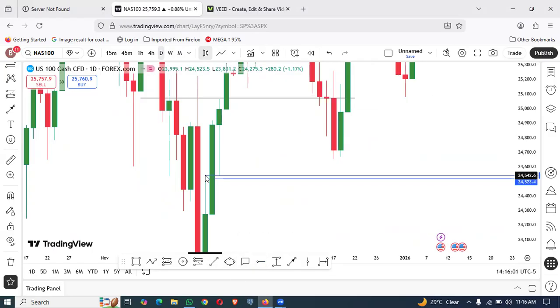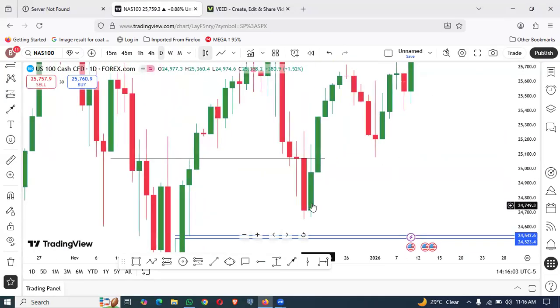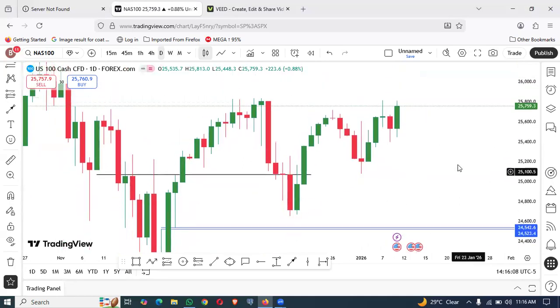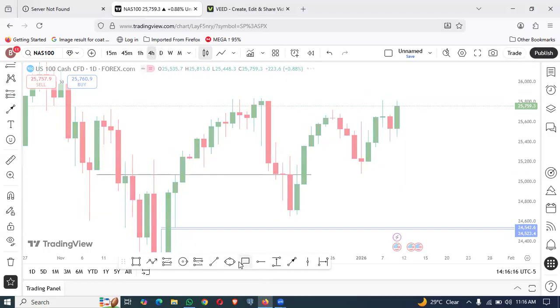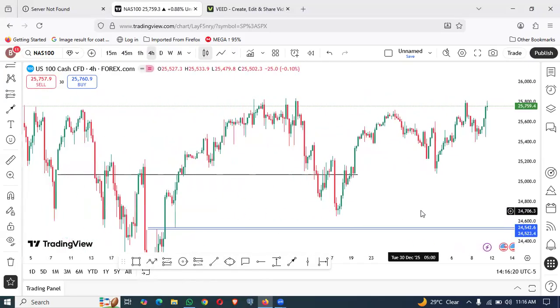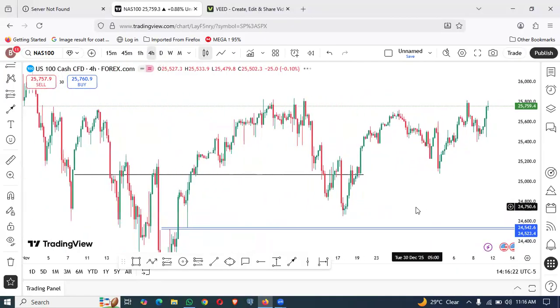Okay, yes, there is a gap, not yet filled. Then this candle didn't take these candles, so most likely this pair will sell a little to this one before they push. But that aside, let's go to H4 to see if we can get a structure to trade.